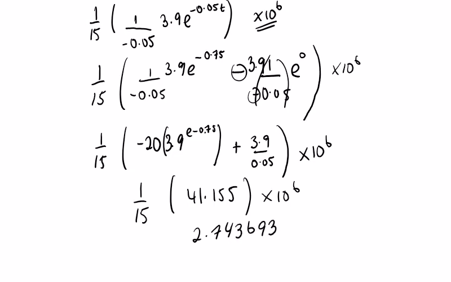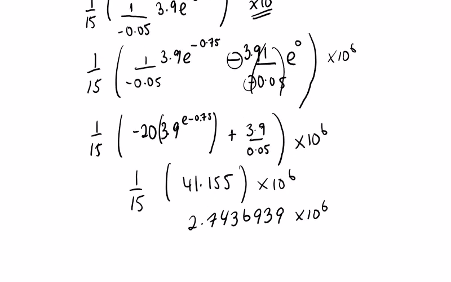Is that enough numbers for millions? 939 by 10 to the power 6, to give me 2.743694. This 9 is important in this question, so we have to go 1, 2, 3, 7 decimals in this case to get the exact answer.